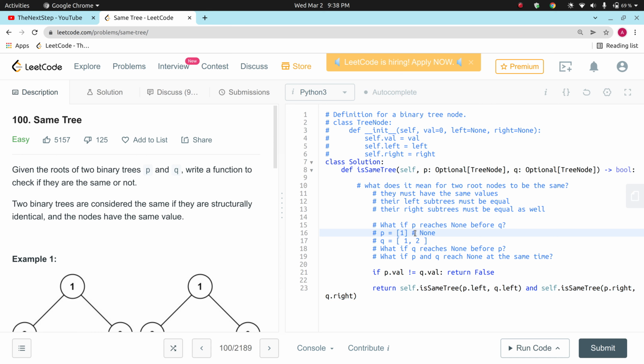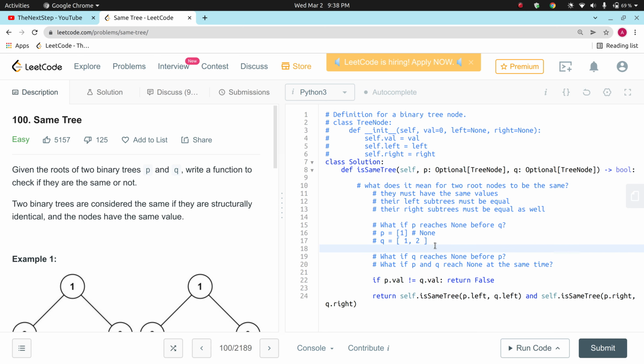It reached none, right? Because it's non-existent, whereas the left subtree of Q is 2, right, is the node containing the value 2, which means obviously they are not the same trees because Q has an extra node.